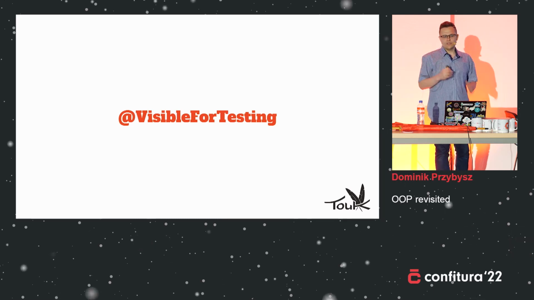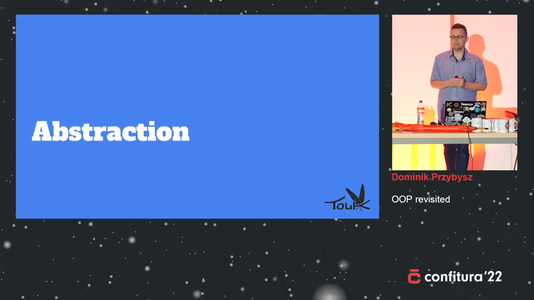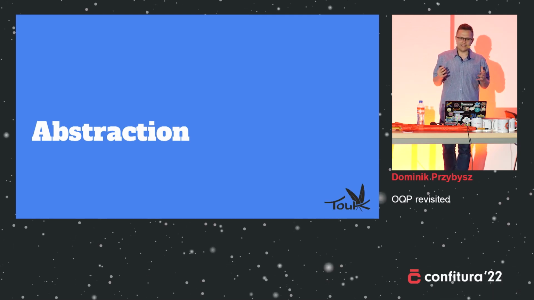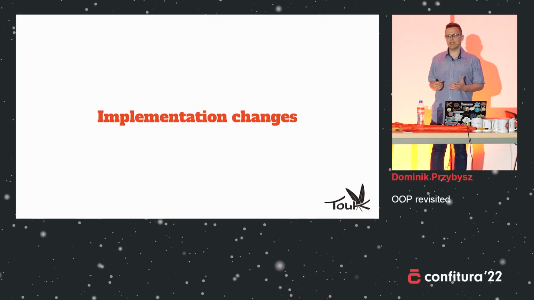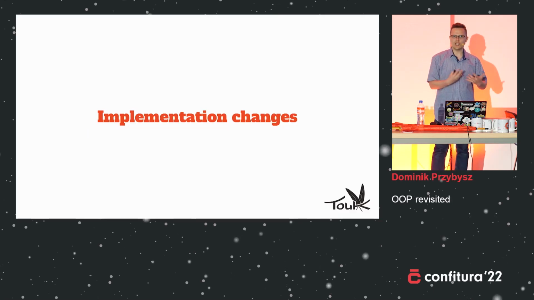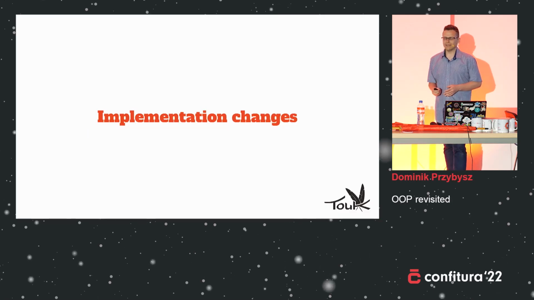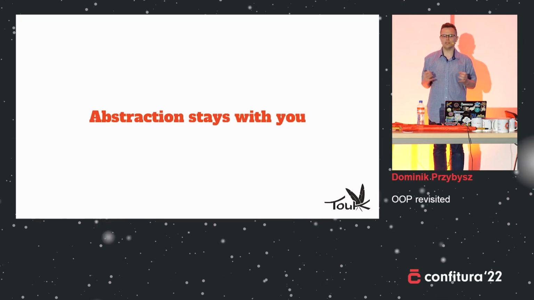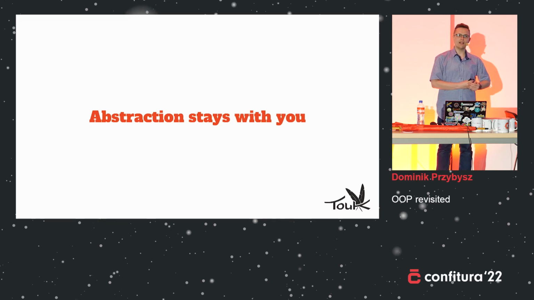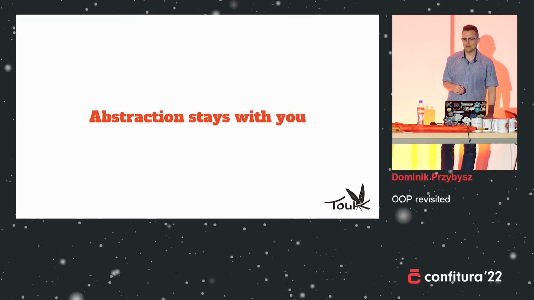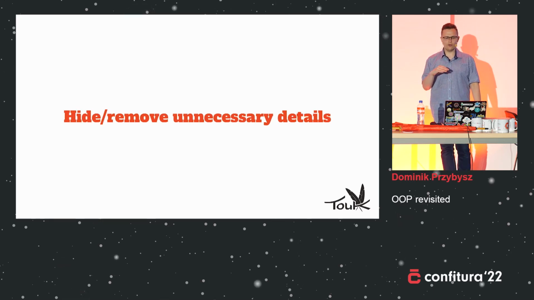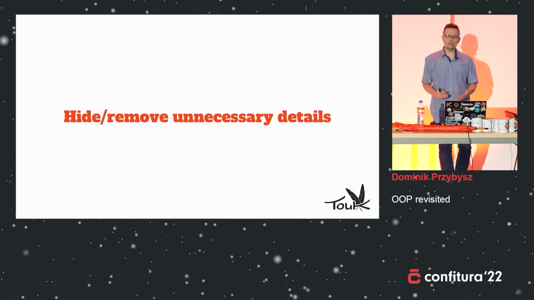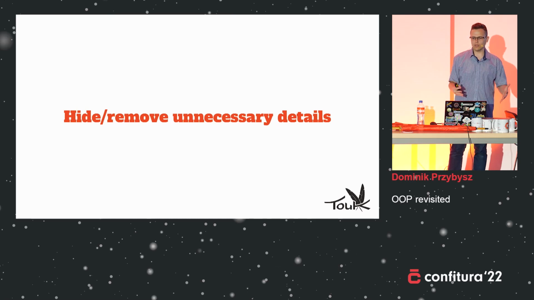Okay, so it leads us to the second principle of object-oriented programming, abstraction. The whole idea of abstraction is that implementation in our software is something that changes very, very often. But some abstraction, some higher level picture of the things that we are designing, is something that stays with us for much, much longer. The whole idea of abstraction is to hide or even remove all the unnecessary details from our code.